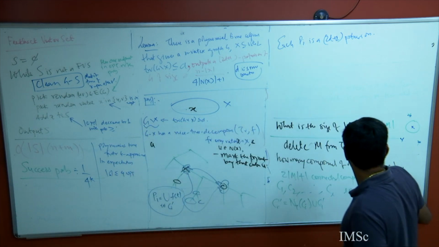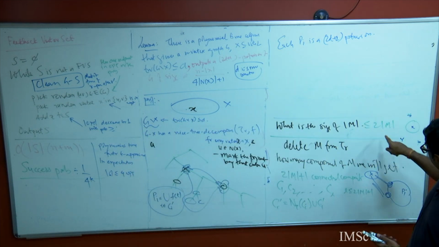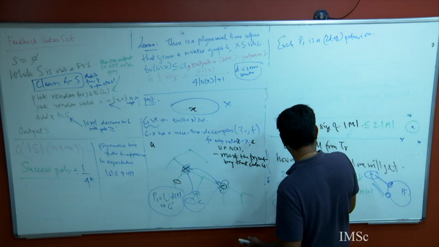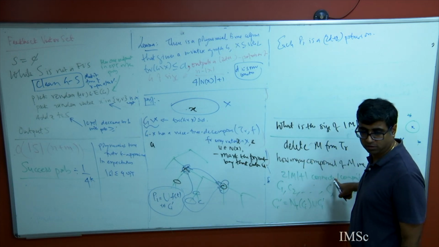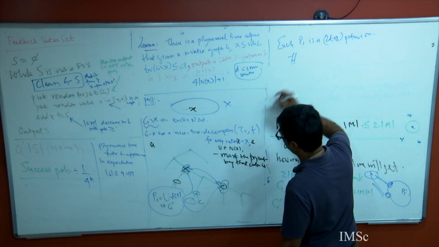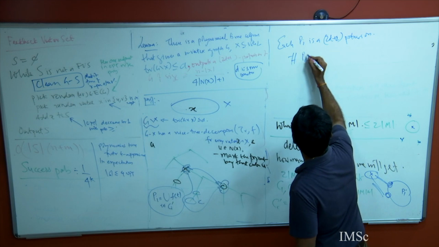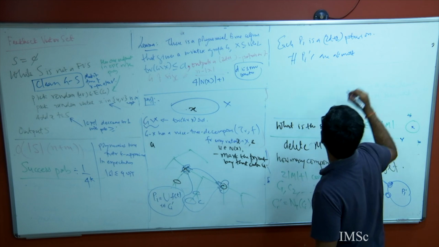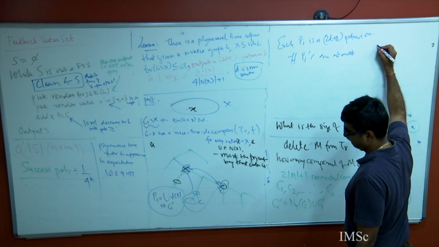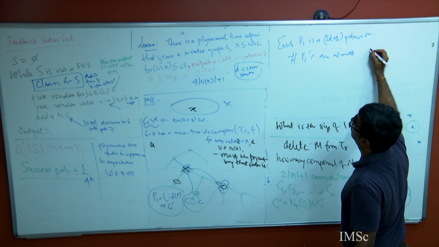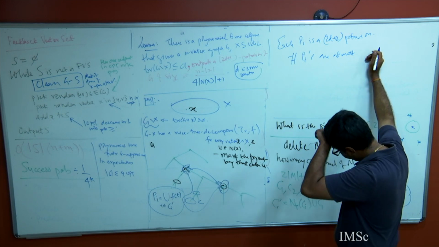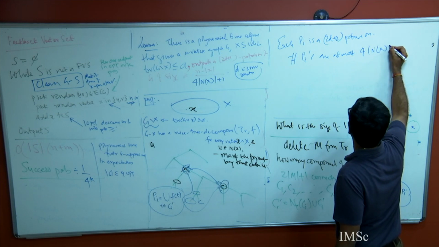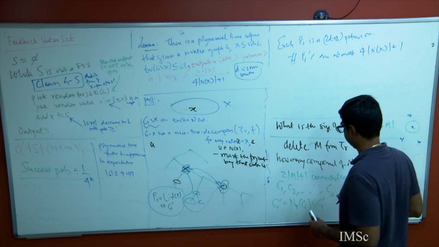Now how many? The size of M was 2 times n of x, so the total number of components is 2 times |M| plus 1 connected components. So the total number of Pis is at most how much? At most 4 times n of x plus 1.